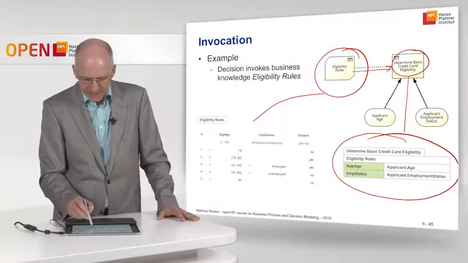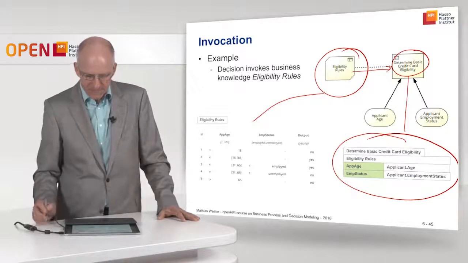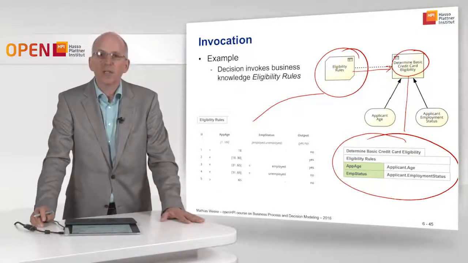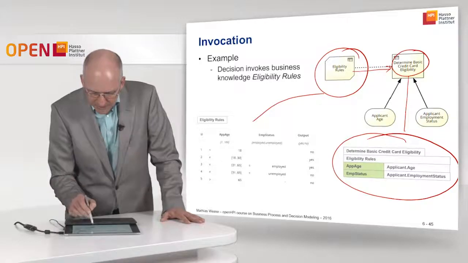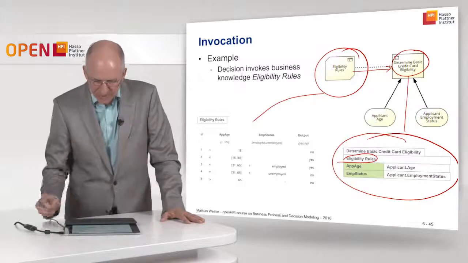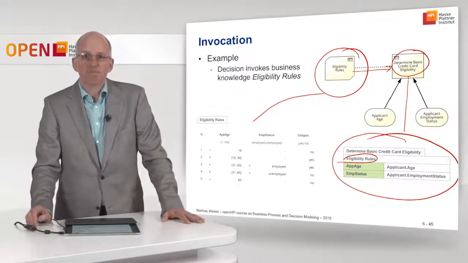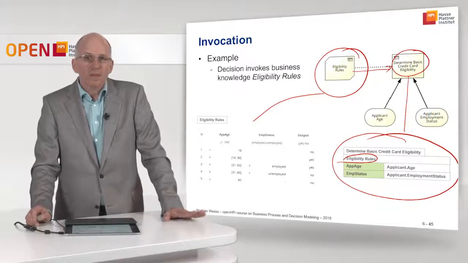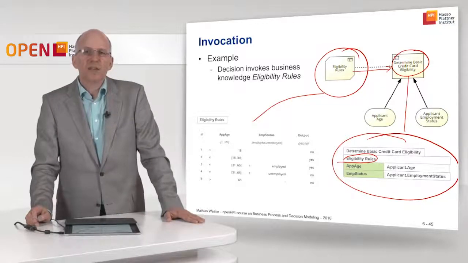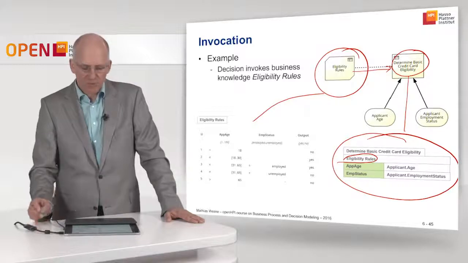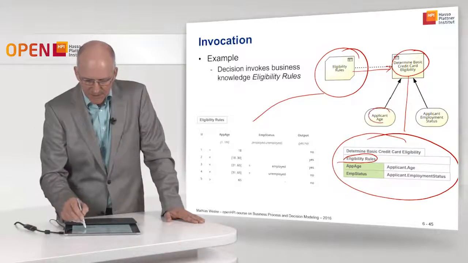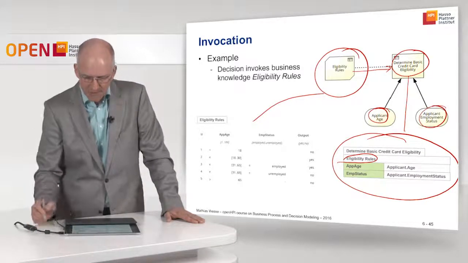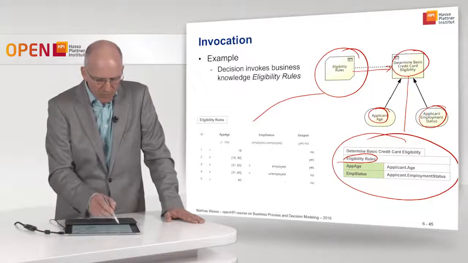Well, in order to come up with the determination of basic credit card eligibility, I need to invoke the business knowledge eligibility rules. Okay, that's point 1. Point 2 is I need to provide a mapping from the input of the decision, so from applicant age and applicant employment status, to the inputs of the business knowledge.